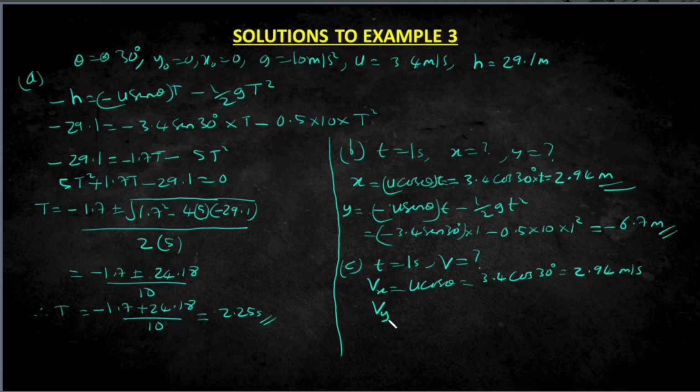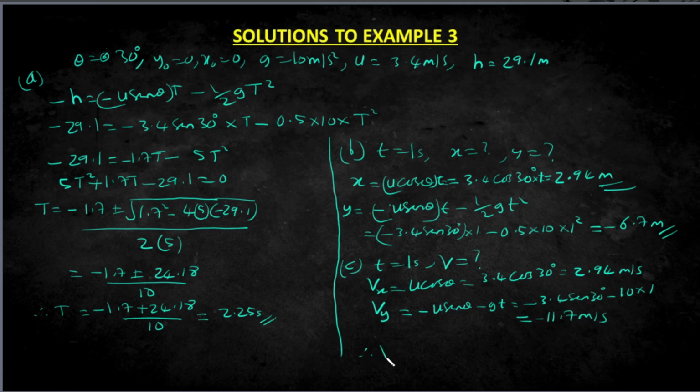We get the velocity along y. Velocity along y is going to be minus u sine theta minus gt. Minus u is 3.4 sine of 30 degrees. G is 10. T is 1. If you substitute those values, you are going to get minus 11.7 meter per second.